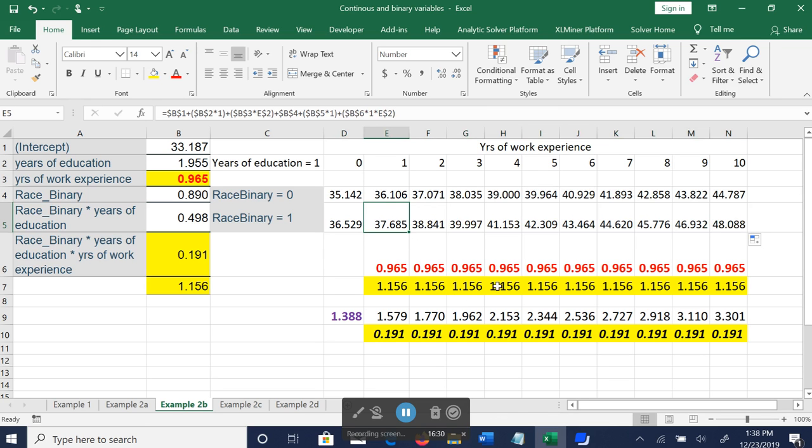And we want to see how the income changed for those with 1 year of education from this racial group. We just subtract this from this and copy the formula over. And we also want to see how the income changed for racial group 1 with 1 year of schooling.